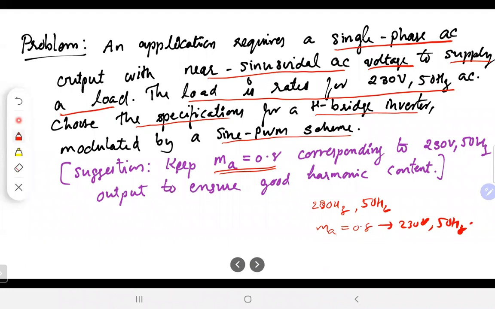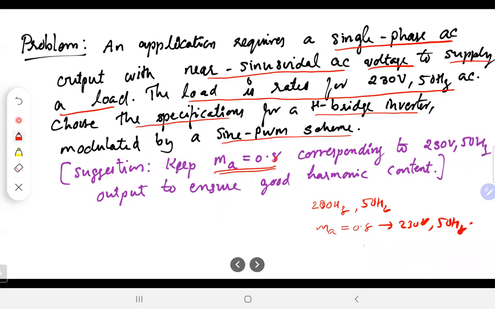It is not a necessity, but we have some more control over a slight increase in the output voltage if there is a dip, without losing harmonic control. As I said, in over-modulation you don't have control, and the output will no longer be sinusoidal; it will have harmonics. If the modulation index is limited to 0.8, we still have a margin for a boost in the voltage.